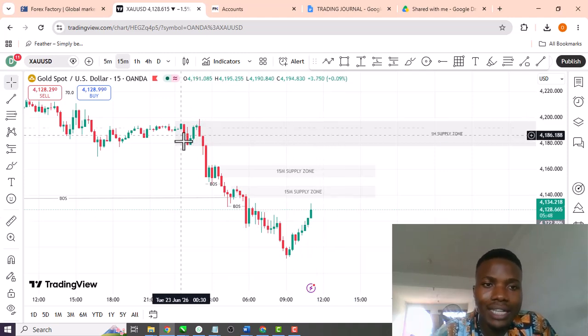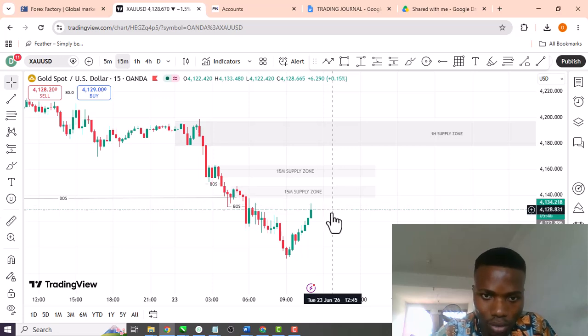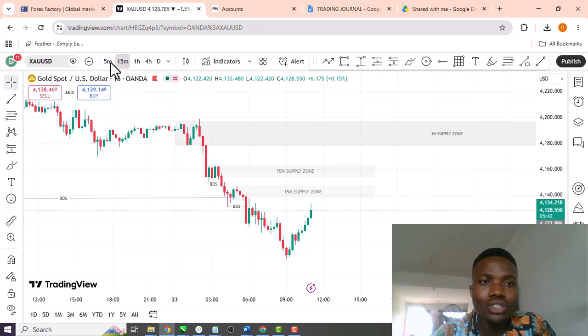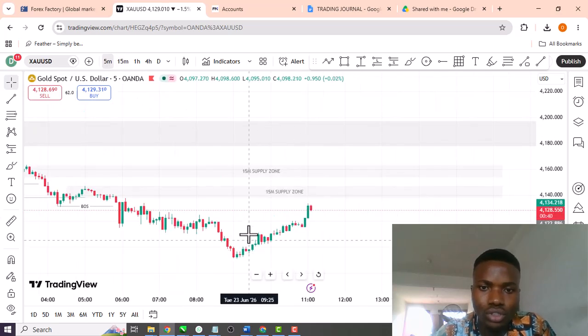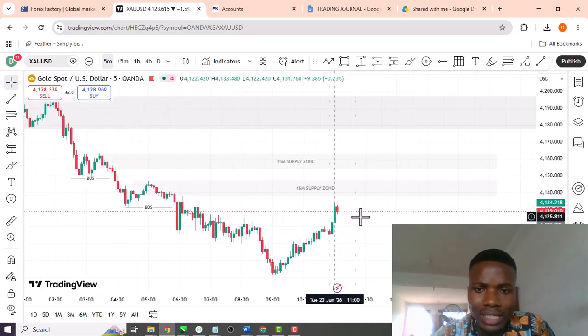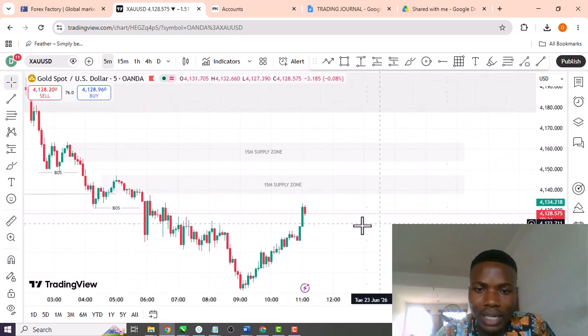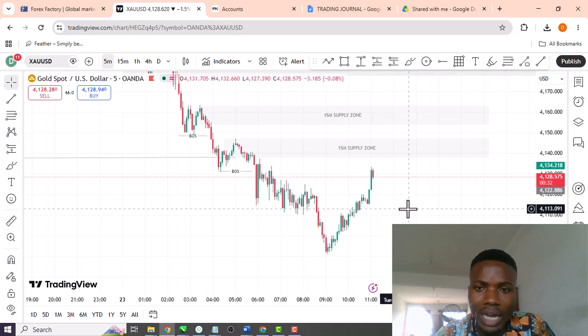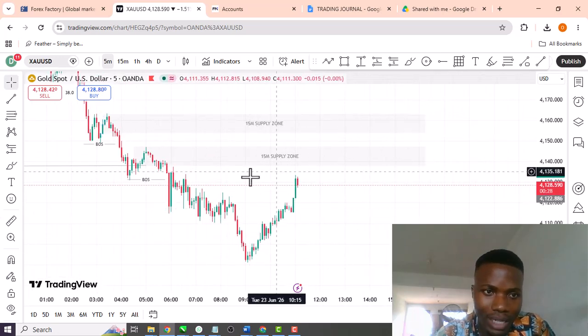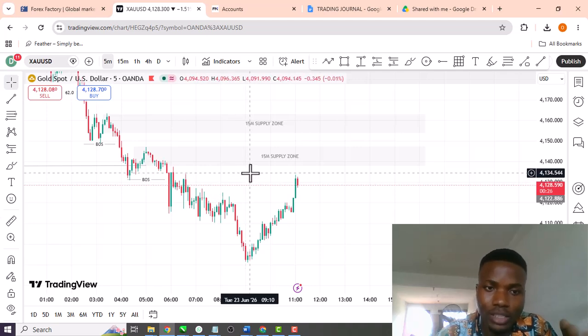So now you may ask, how do I confirm my setup, right? So now traders, I want you to listen carefully. I usually use 5 minutes to enter my trade. Okay, so now what I'm going to be expecting price to do right now, because we have 2 points of interest or supply zone that I'm expecting price to respect.